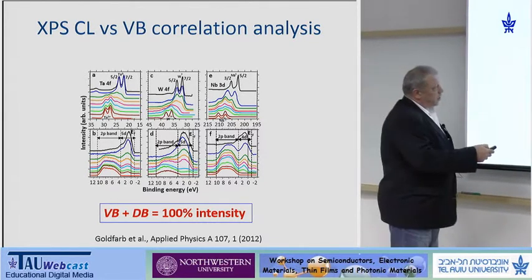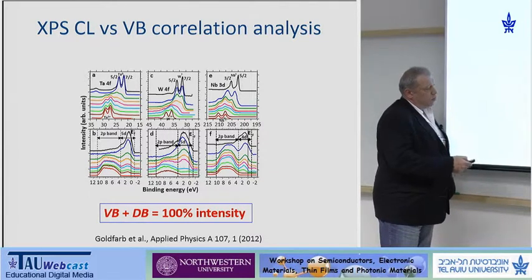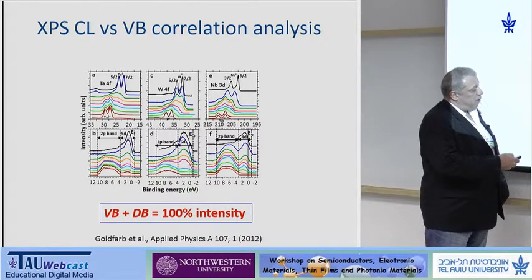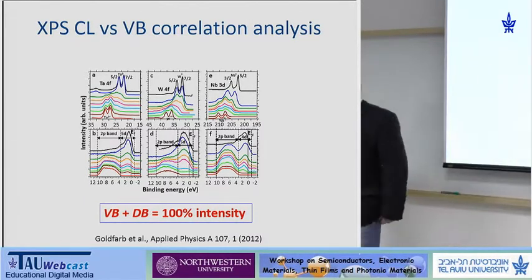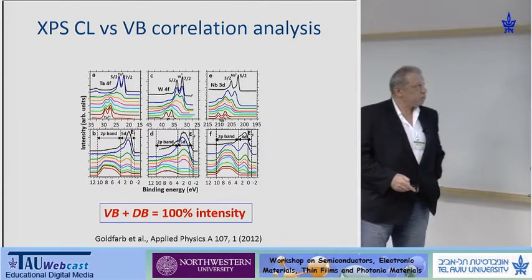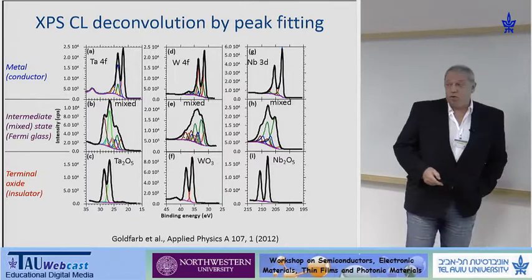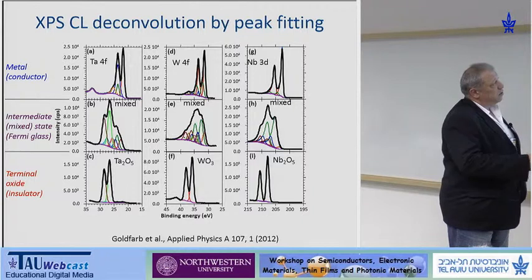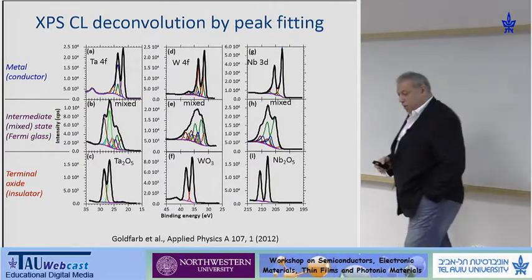And because we see this very nice pumping of intensity from one peak to another, for the sake of the model I assumed here that the intensity of both of them is 1, so one is complementary to the other. And now, this is the power of XPS: we can deconvolute quantitatively out of those mixed states how many of them we have in our film.